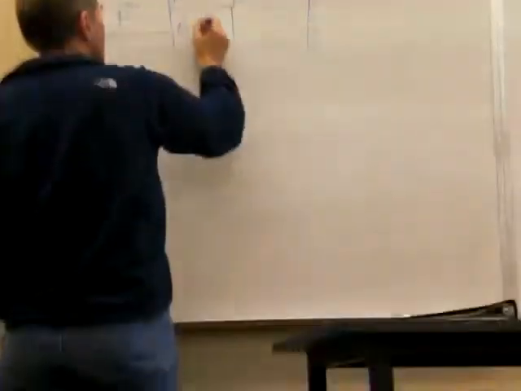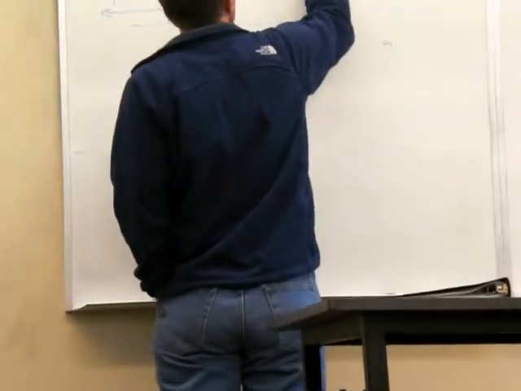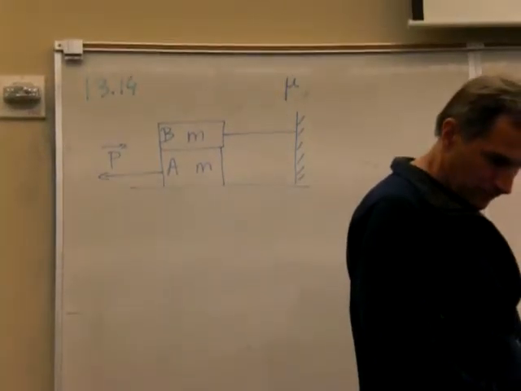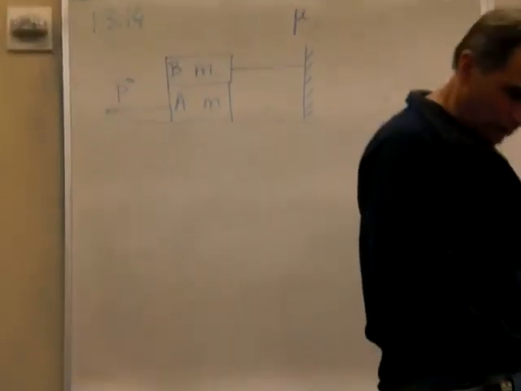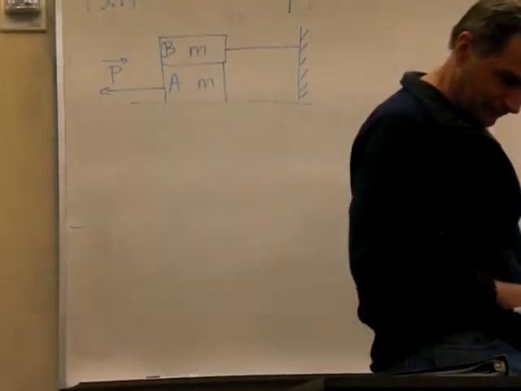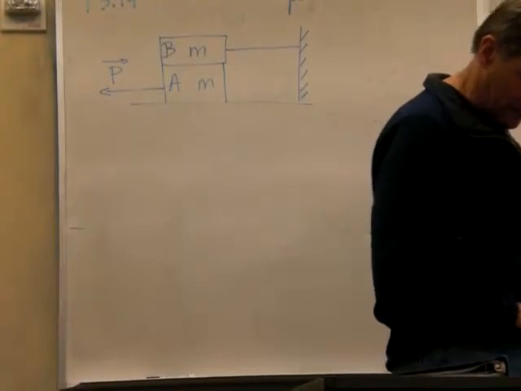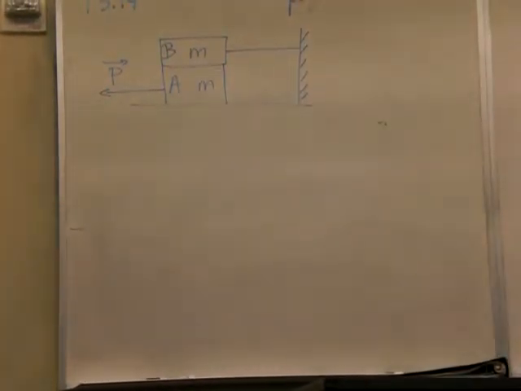Block B has mass M, block A has mass M, and mu is the coefficient of friction for all surfaces. So first we need to talk about friction as a review.